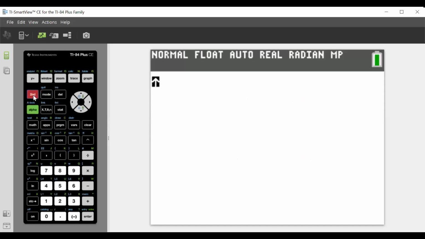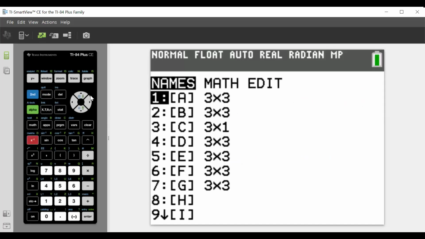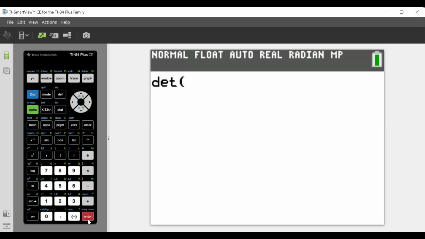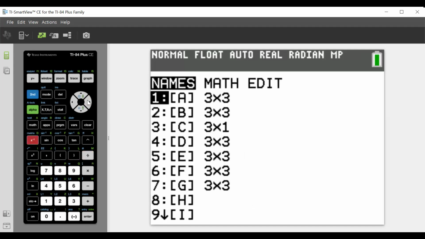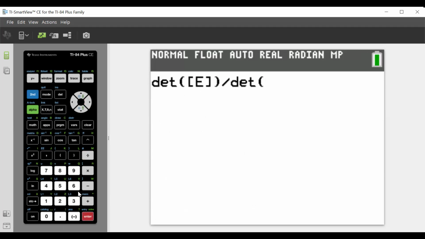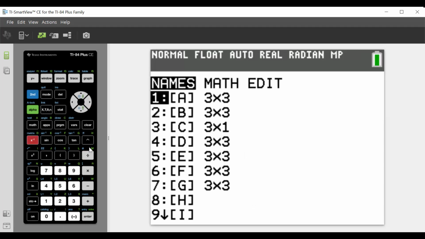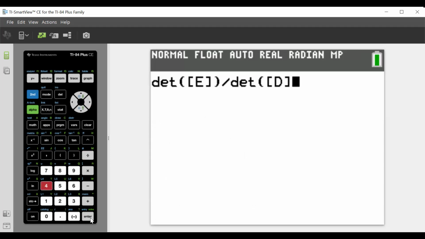And so we're going to say, okay, second matrix, we're going to take the determinant of, now we want to have E, so go back in here to the matrix, and E is 5. And we're going to say, okay, take that, divide it by matrix, and then go calculate determinant of D. And D is 4.